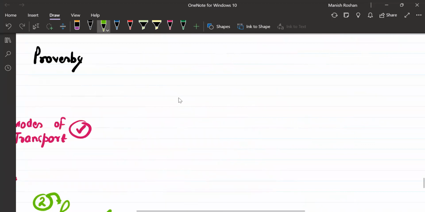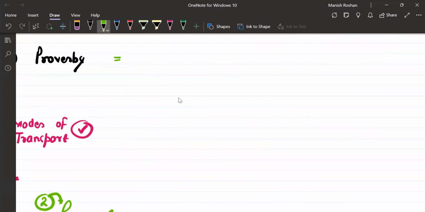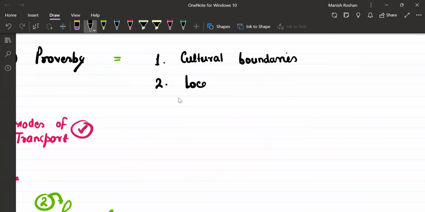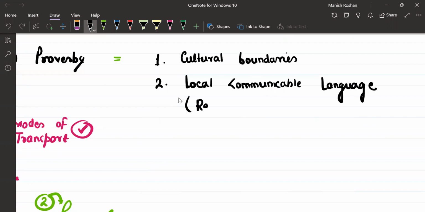Coming to the proverbs. Again, things that you have to keep in mind while testing proverbs: it has to be within the cultural boundaries of the patient. It has to be in the local communicable language. You can take the help of the relatives and the attendants in this.